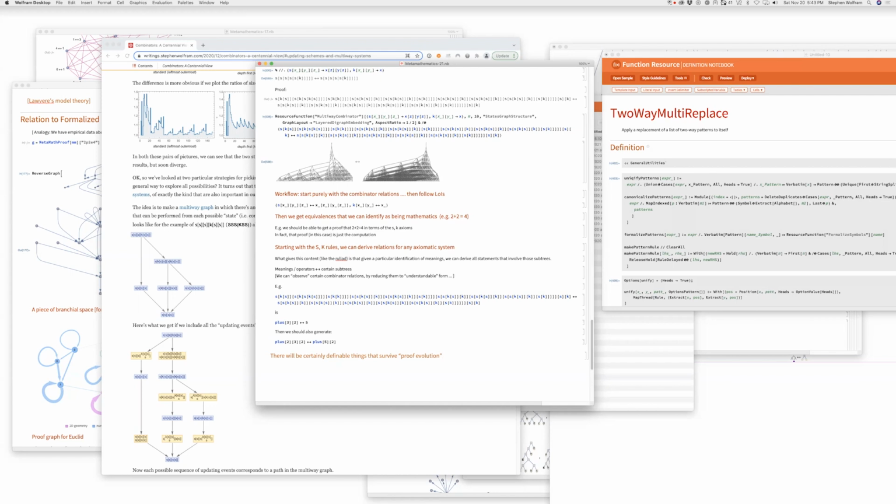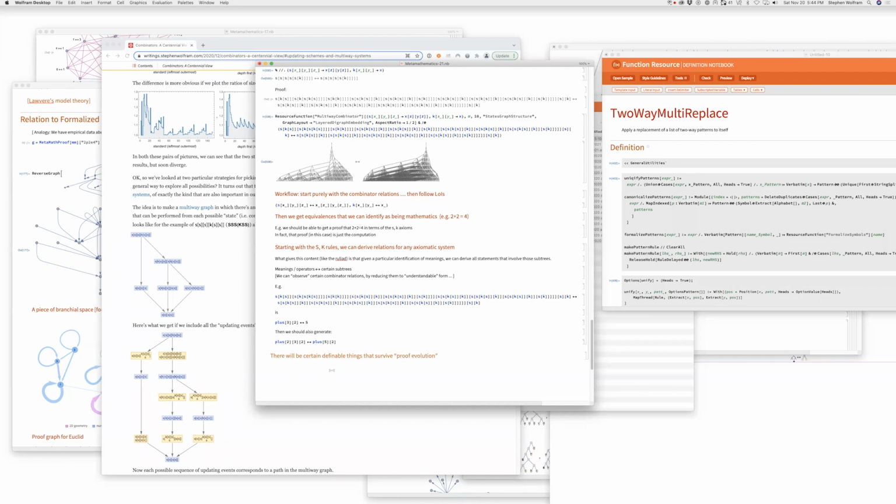Basically, there's a selection effect based on proof fitness, or the ability of certain entailments to persist in the mathematical space. Certainly there'll be certain definable things that survive proof evolution.